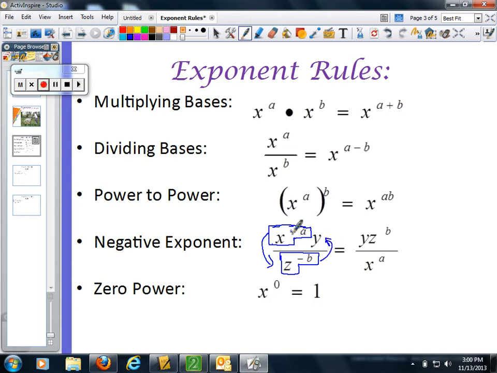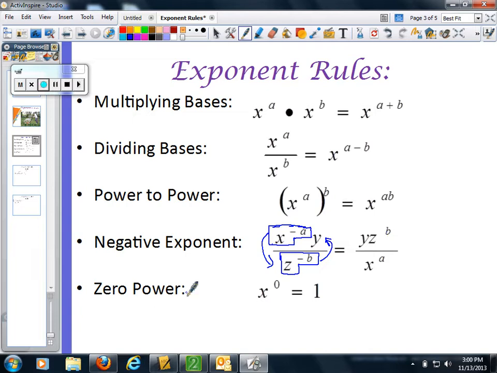So x to the negative a goes to the bottom and becomes x to the a. The y stays here though, it doesn't move because it has a positive exponent, and then the z to the negative b goes to the top and becomes z to the positive b, giving you an answer of y times z to the b power over x to the a.